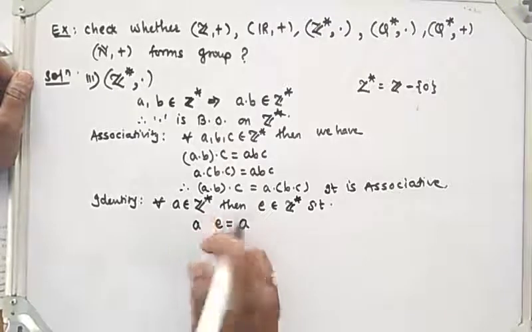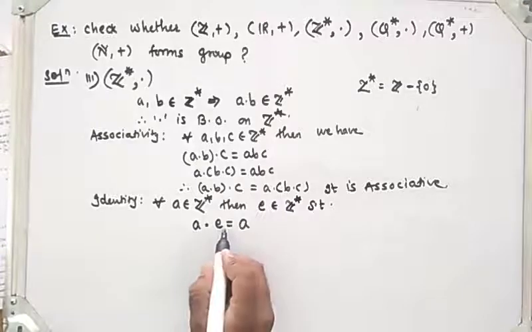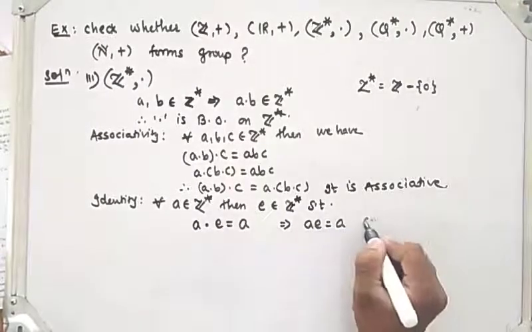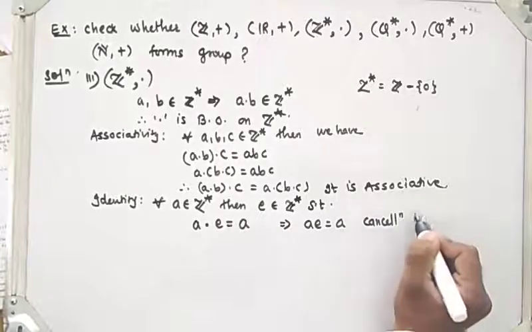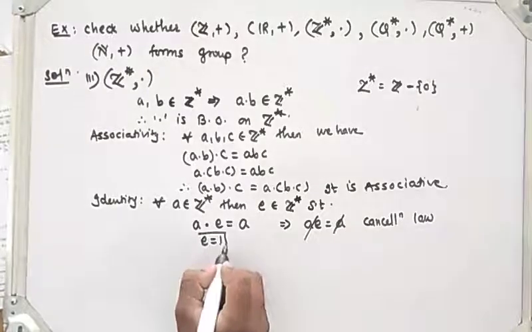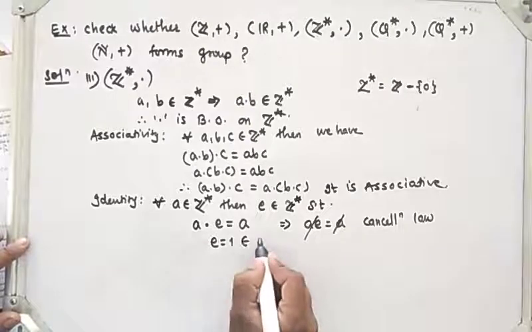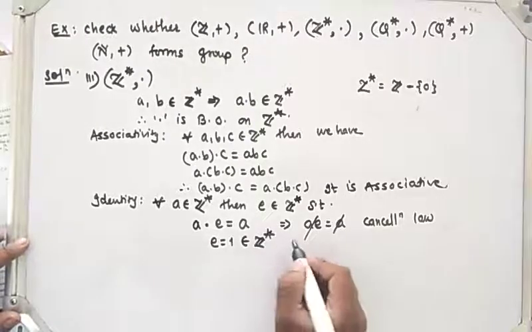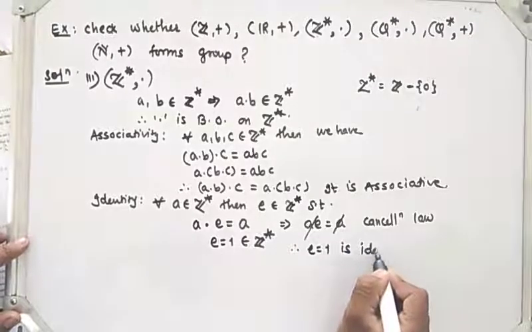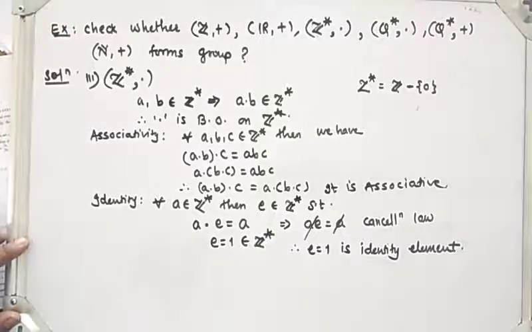Here star is the operation multiplication, so a into e is equal to a. By the cancellation law, a gets cancelled, so finally we get e is equal to 1, which also belongs to Z star. Therefore e equal to 1 is the identity element.